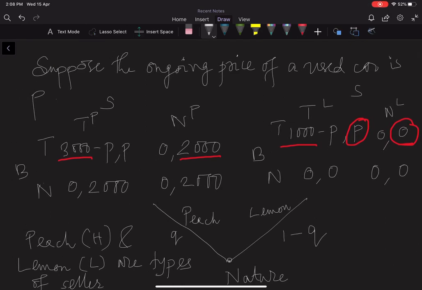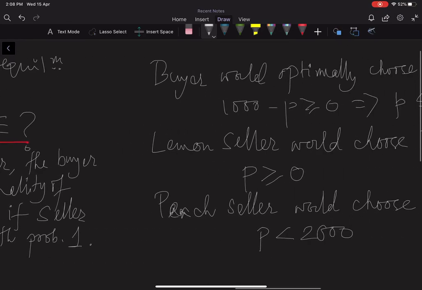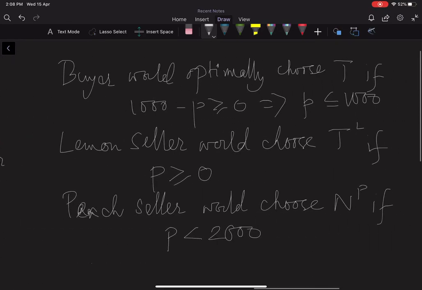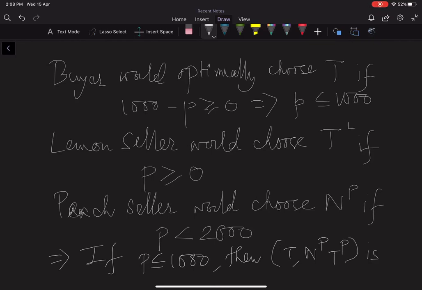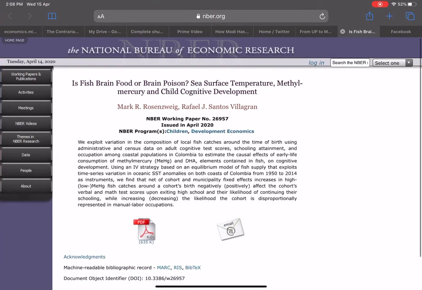If he keeps the car, the car is worth 2000 to him, so he will not sell if the price is below 2000. So therefore if price is below 1000, the buyer saying trade, the seller of type peach saying no trade and the type lemon saying trade is indeed a Bayes-Nash equilibrium.